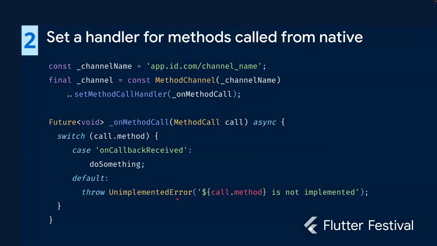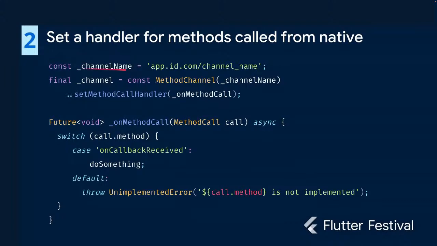Now, these are the cases. It's either I call a native method from Dart, or a native method calls my Dart side. In both cases, it's really simple from the Dart side. Channels and methods are identified by strings representing their names.